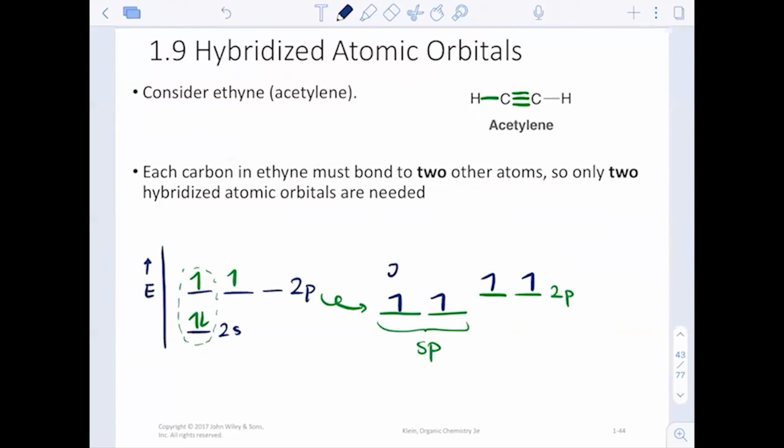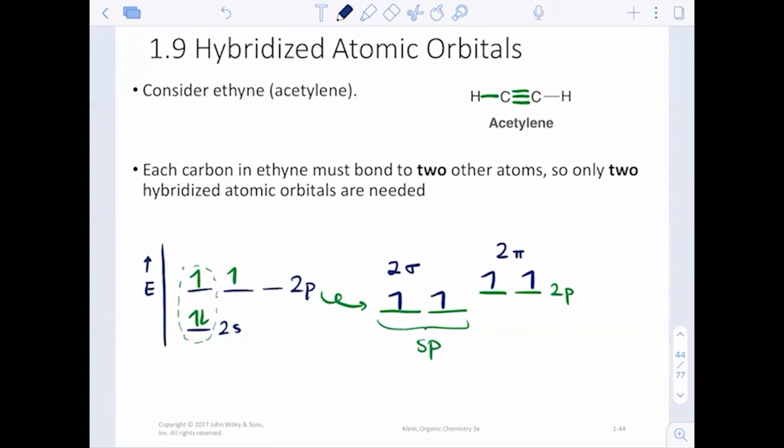This would tell me two sigma bonds and two pi bonds. So we'll start to see some idea with hybridization and all of those lovely things. Counting up that two atoms can only have one sigma bond. Anything else, double or triple, all those extra bonds would be pi bonds.